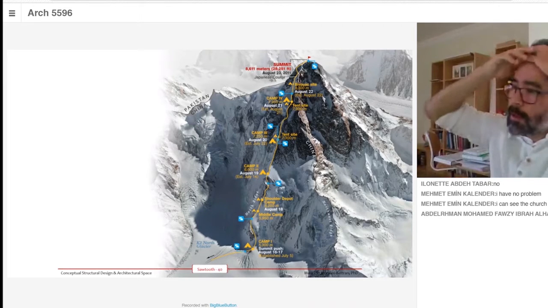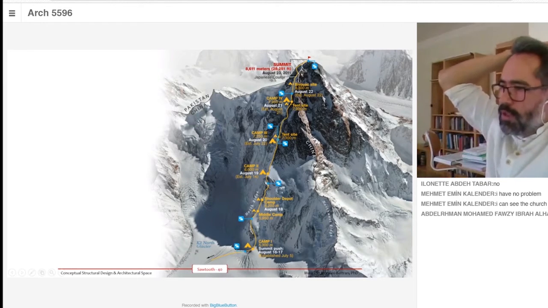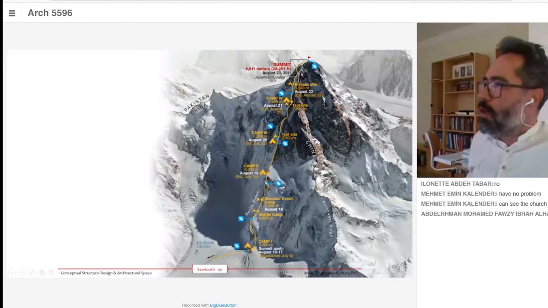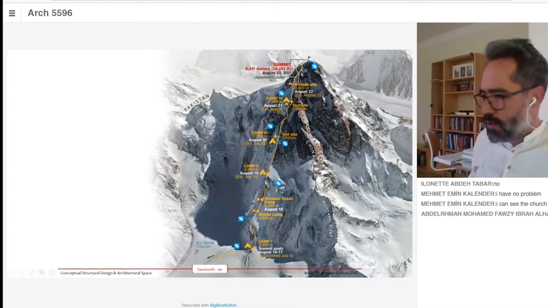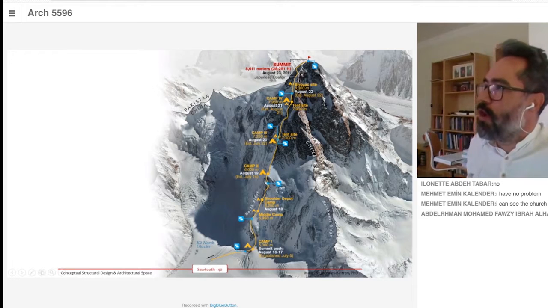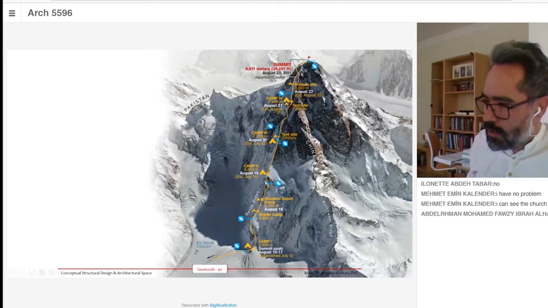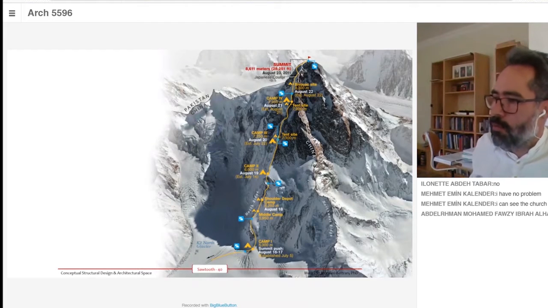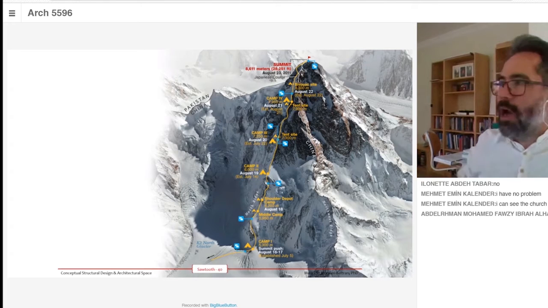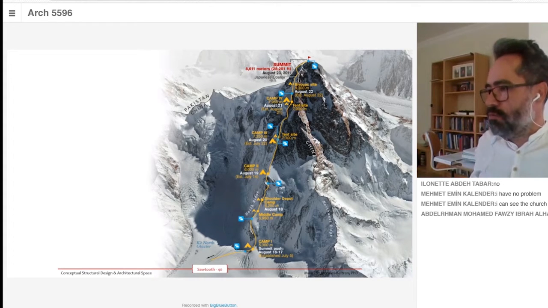But if you look at this very interesting image, which I remember is from the National Geographic, here you can see the summit is almost 8,600 meters, and then at the bottom the Camp 1, which is 5,000 meters. So there is a difference of a little bit more than 3,000 meters.